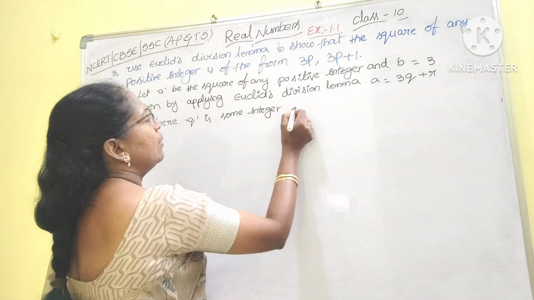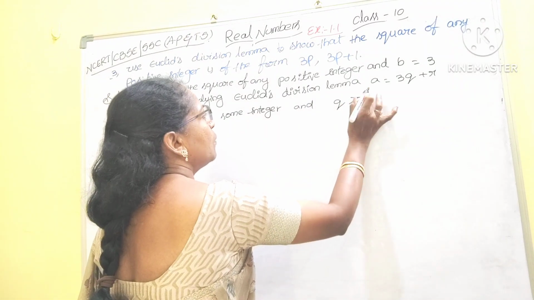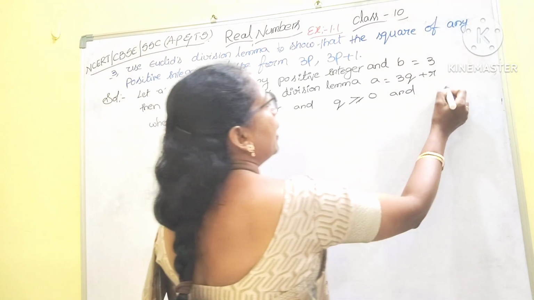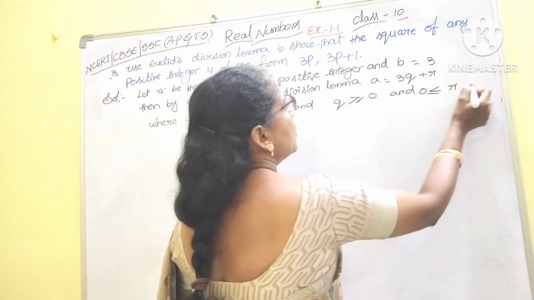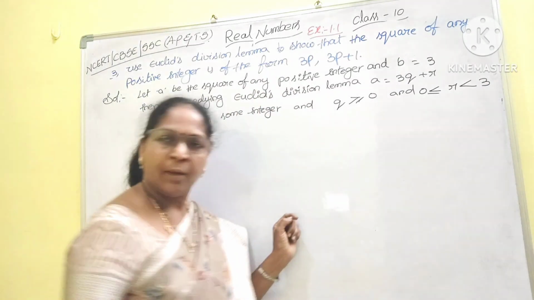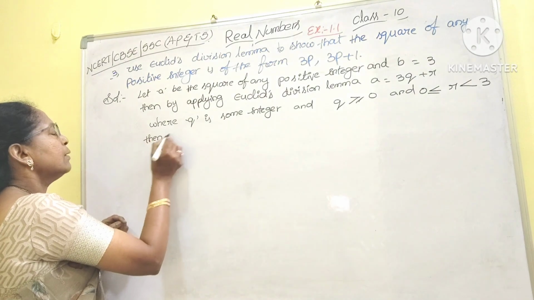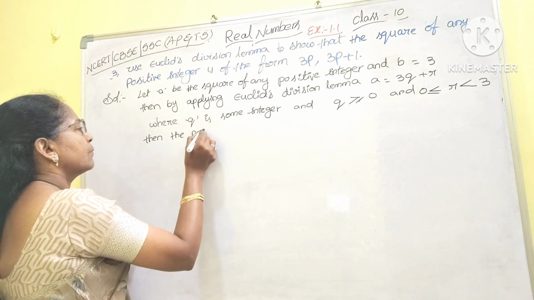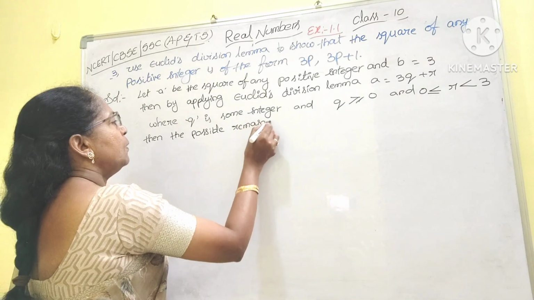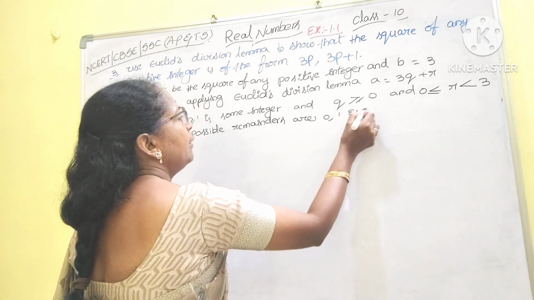And Q value is always greater than or equal to 0, and the remainder R value is greater than or equal to 0 and less than the B value. What is the value of B? 3. Whenever the remainder value is less than 3, the possible remainders are 0, 1 and 2.